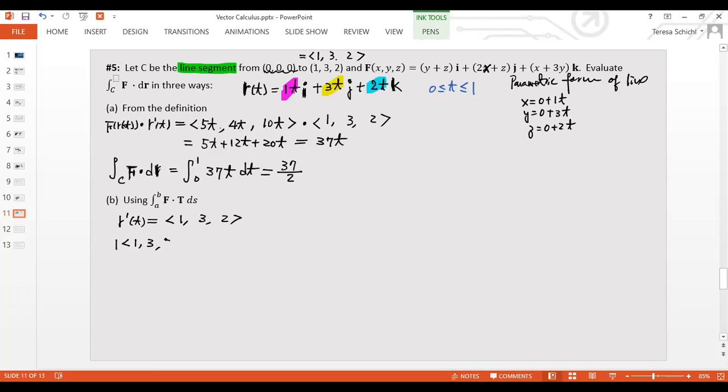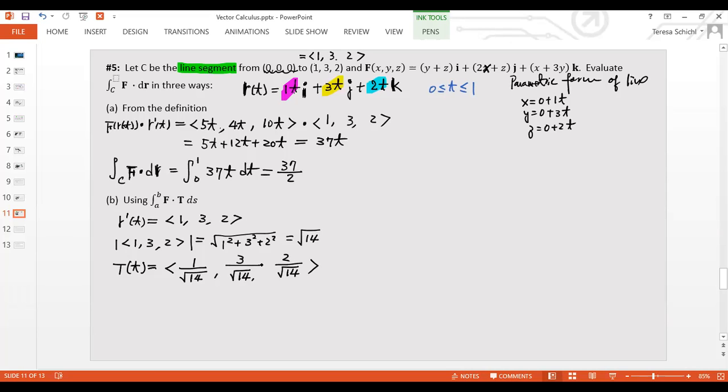The magnitude is the square root of 1 plus 3 squared plus 2 squared, which is the square root of 14. So every component is divided by the square root of 14, and this is my unit tangent.